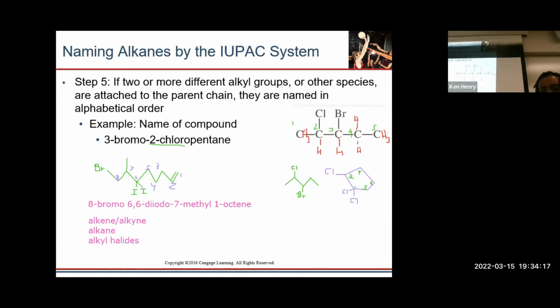Okay, so then the name of the structure would be called pentane. Cyclopentane. Cyclohexane.